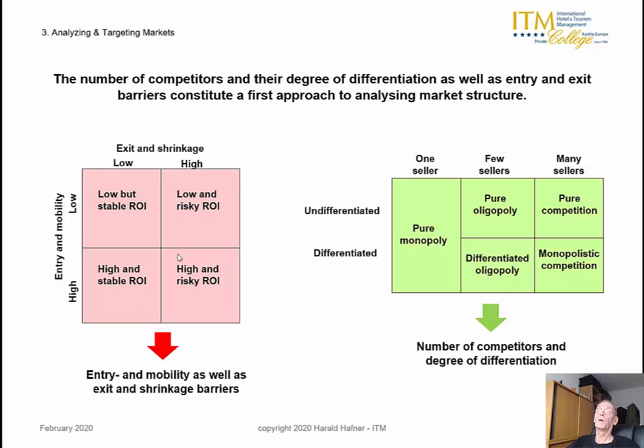And if both are high, entry and mobility as well as exit and shrinkage barriers, we talk about high and risky return on investments. There it is vital that you are a first mover, which allows you to make enough money until new competitors show up in the market. And the tough thing is it's very hard to get out of it. So therefore, the ROIs are risky.